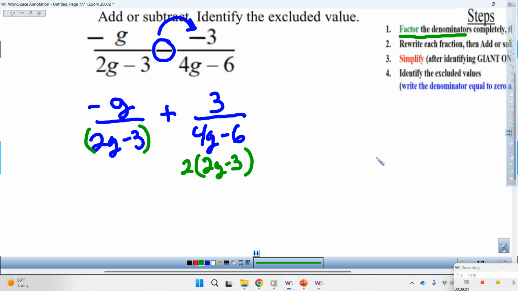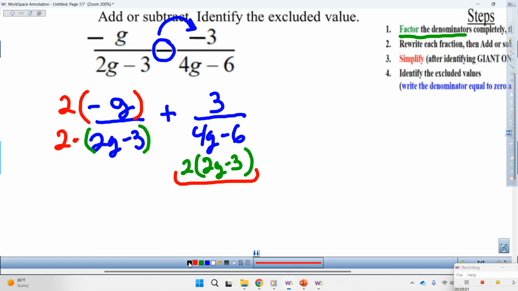So we need to now identify the common denominator. So look at this one and look at this one. Do they look the same? No. What does this one need from over here? Times 2. Look what I did to the numerator, times 2. That's so that it reminds you to put a parenthesis to multiply. Okay?